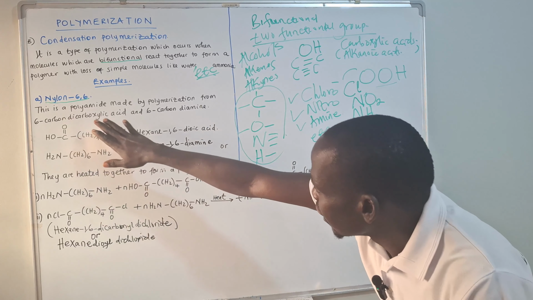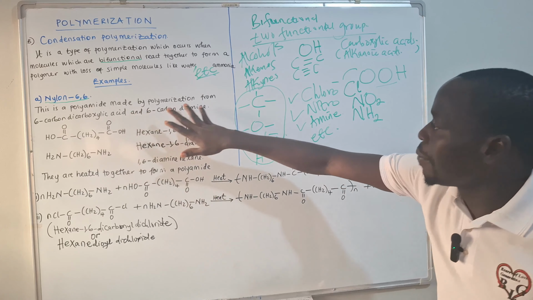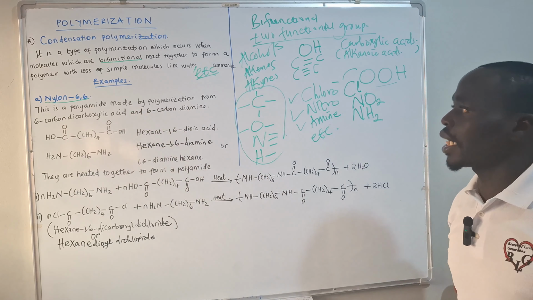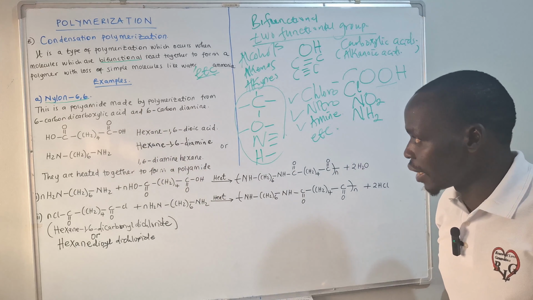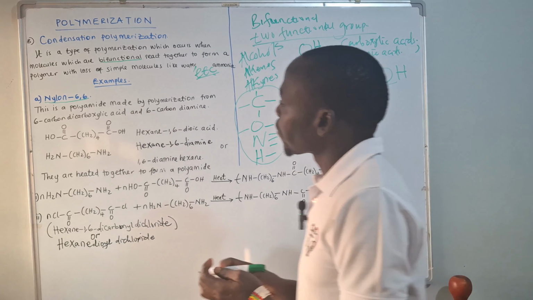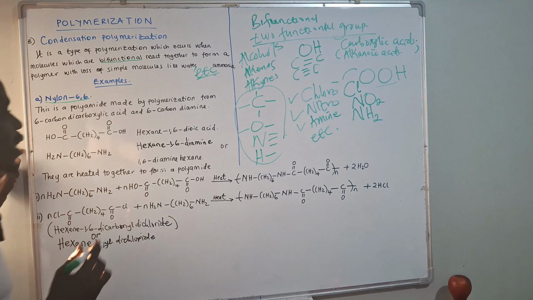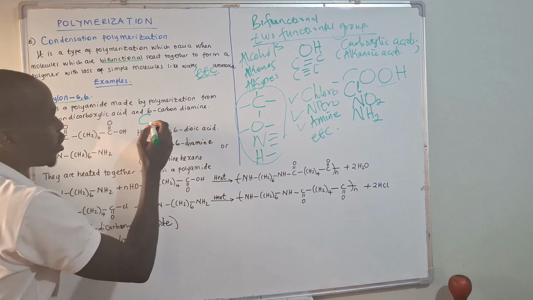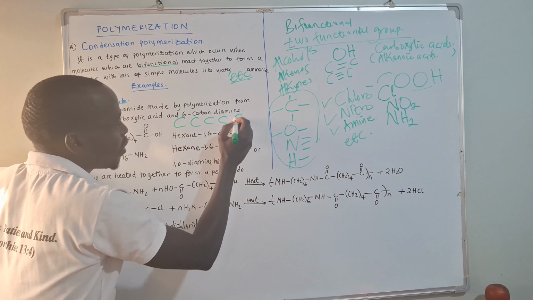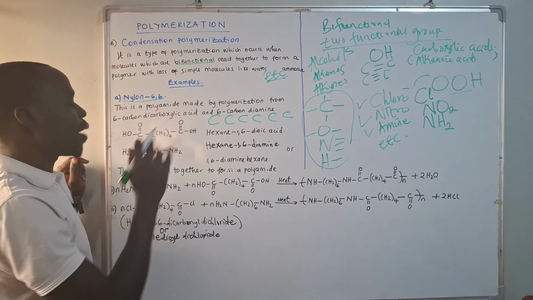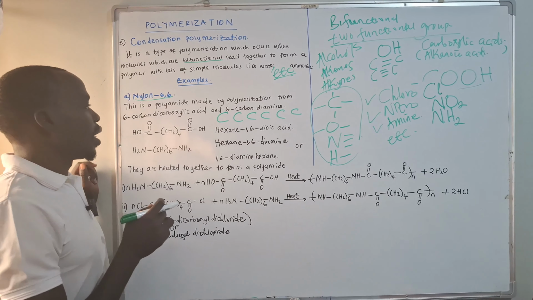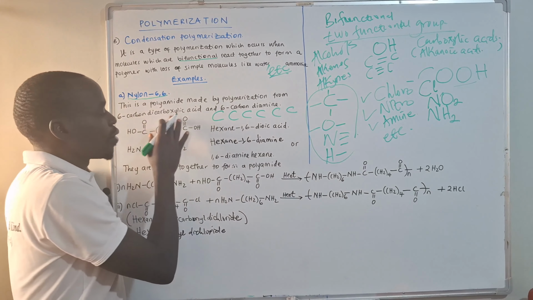Now, let's say this is a polyamide made by polymerization from a 6 carbon dicarboxylic acid. So when you say 6 carbon, that means there are 6 carbon atoms. We shall say 1, 2, 3, 4, 5, 6. 6 carbon atoms. 6 carbon dicarboxylic acids.